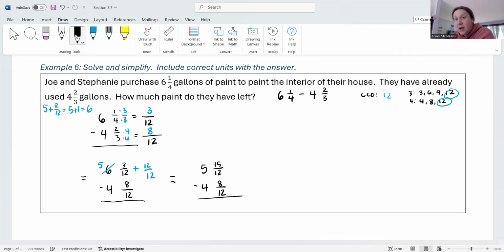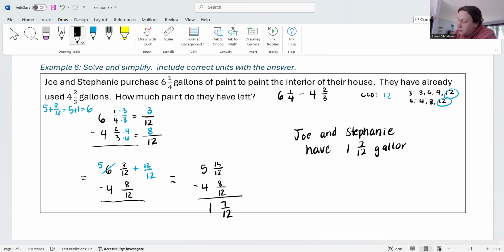Okay, so now 15/12 minus 8/12, that is some subtraction that we can do. So I can take 8/12 from 15/12. So I would just take 15 minus 8, which is 7. So that gives me 7/12. And then 5 minus 4 is 1. So we would come over here and say Joe and Stephanie have 1 7/12 gallons of paint left.